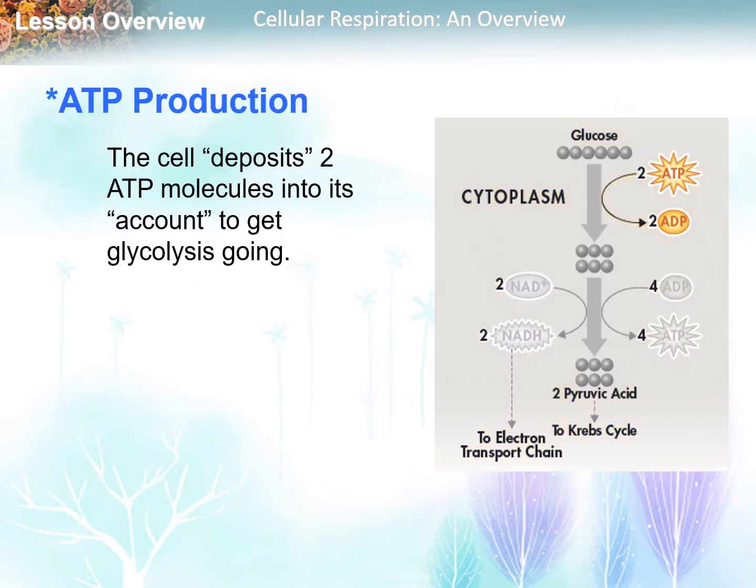So what is ATP for? ATP is both used and produced in this process of glycolysis. The cell deposits two ATP molecules into its account to get glycolysis going. So you've seen there that the ATP is being used up to produce ADP.